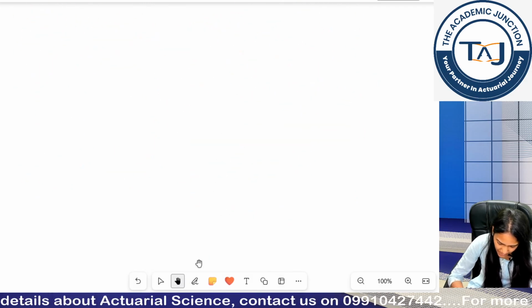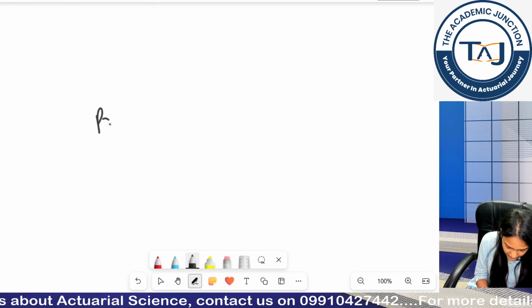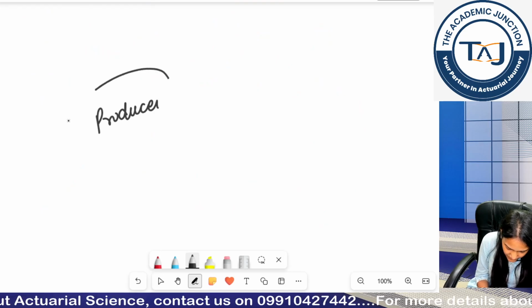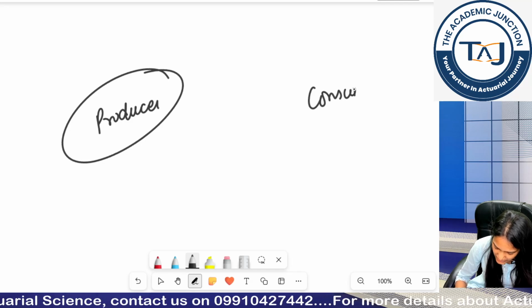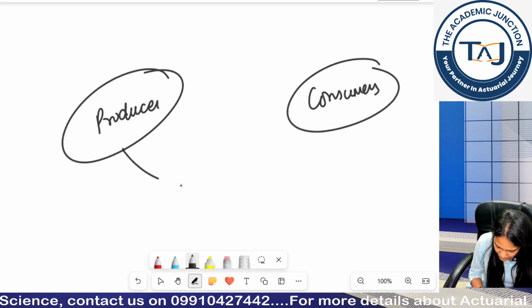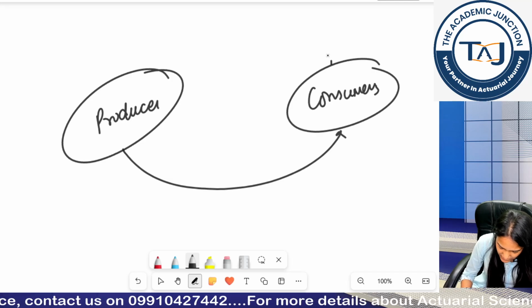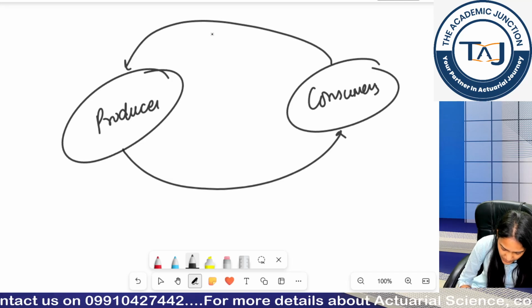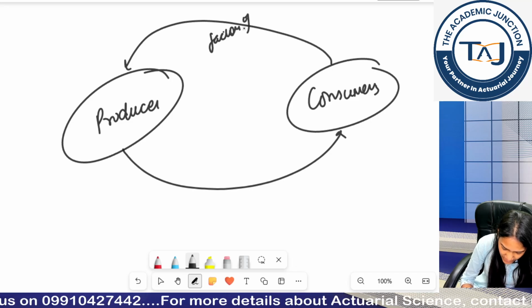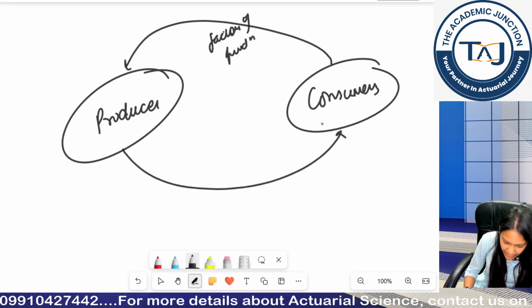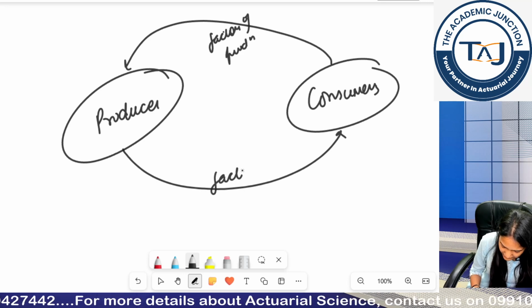So if I make a wholesome diagram of this, these are producers, these are consumers. Consumers provide producers with factors of production, and in return of that they get factor income.